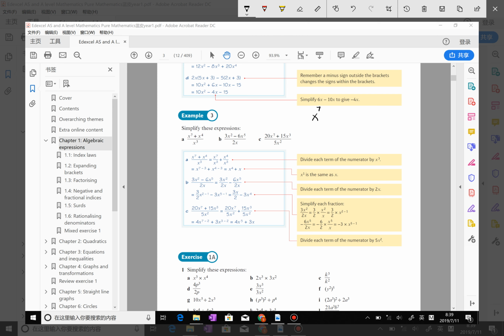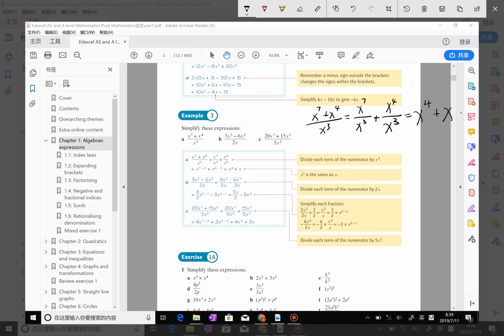So (x^7 + x^4) divided by x cubed equals, we can take x^7 over x cubed plus x^4 divided by x^3. So then we use the rule. So we have the final answer x^(7-3) equals x^4 plus x.